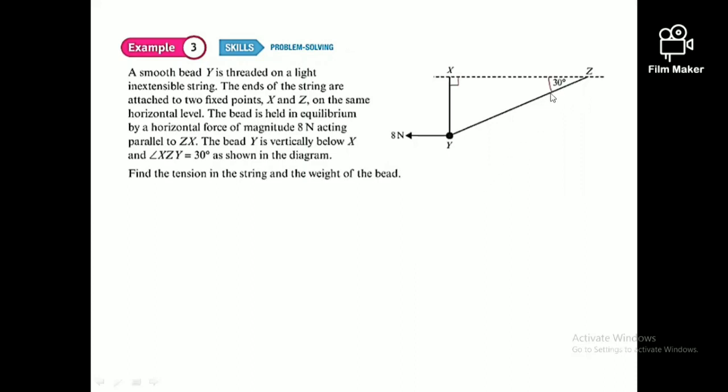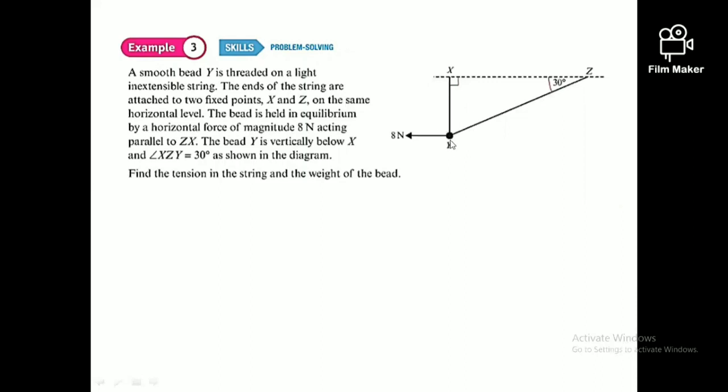Then another important point we have to understand is that this is a smooth bead threaded on a light inextensible string. So what do you mean by a smooth bead? When the bead is smooth, the thread has gone through the bead and it has come over here.